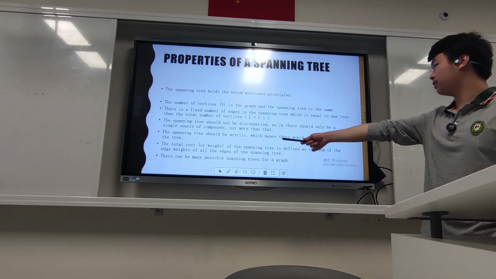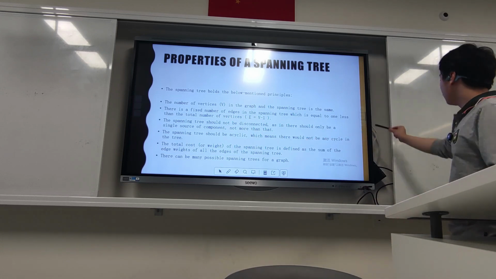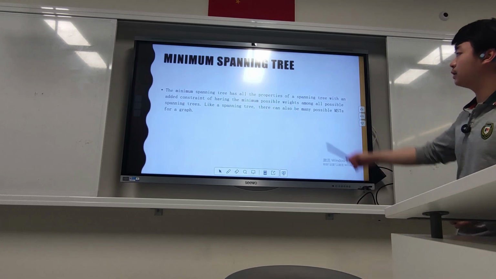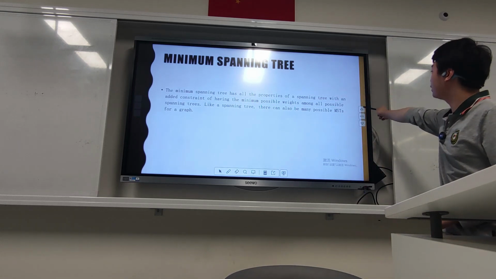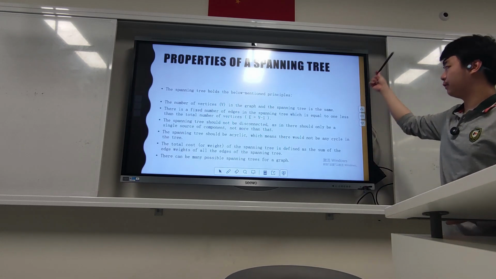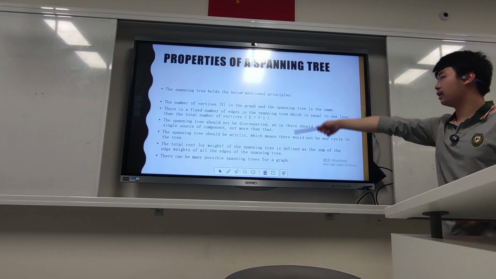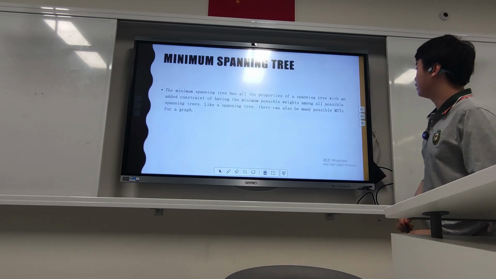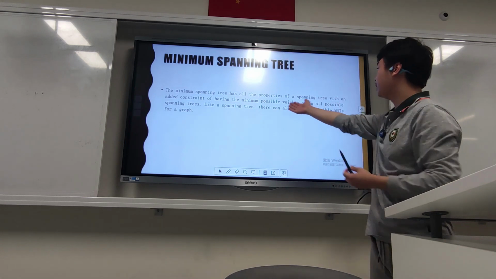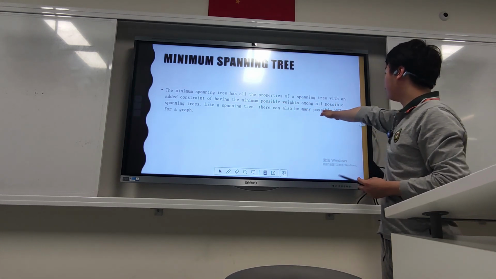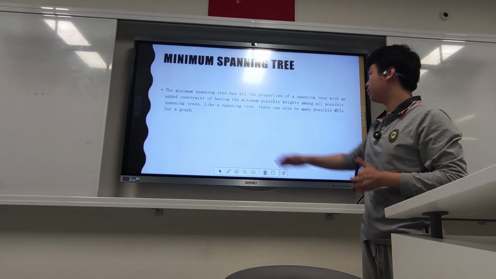There can be many possible spanning trees for a graph. So the minimum spanning tree has all the properties of the ordinary spanning tree, and there is a constraint that they have the minimum possible weights among all possible spanning trees.